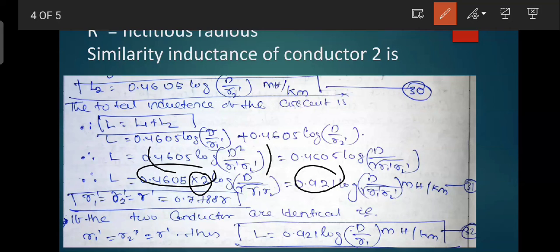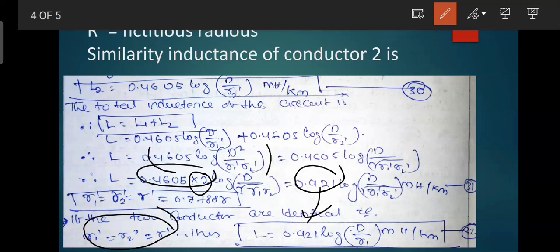Here the fictitious radii r1 dash and r2 dash, the radius of the first conductor and the radius of the second conductor, are the same, 0.7788 r. If the two conductors are identical, that means r1 dash is equal to r2 dash is equal to r dash, then inductance L is equal to 0.921 from this equation, log d divided by r dash millihenry per kilometer.